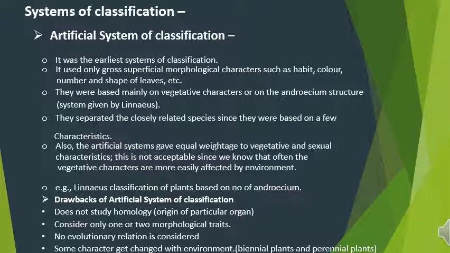So in this chapter, we are going to deal with the classification within the kingdom Plantae, or you can call it the plant kingdom. As we know, in previous classifications, fungi and members of Monera and Protista were included in kingdom Plantae because they have a cell wall.